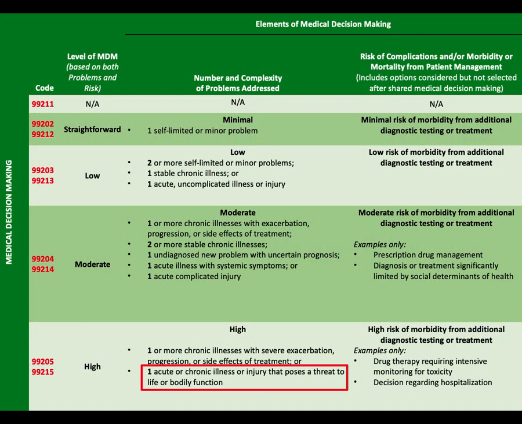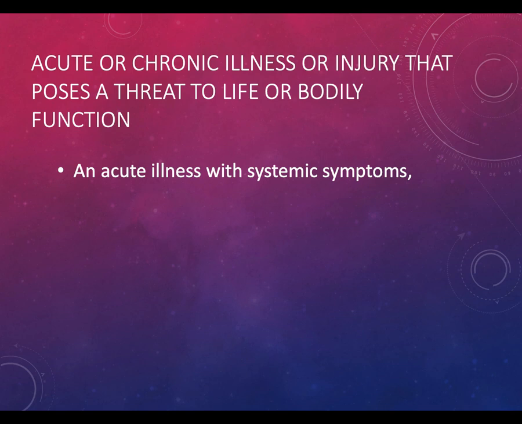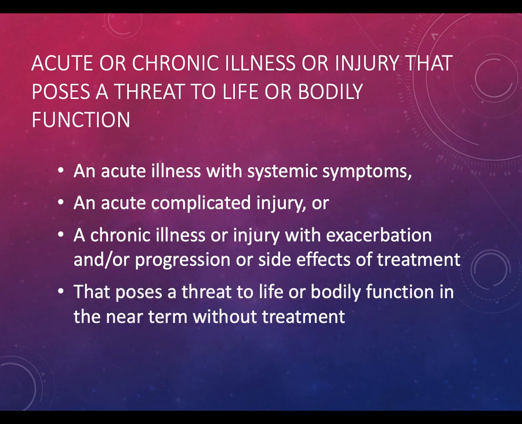Next is acute or chronic illness or injury that poses a threat to life or bodily function. An acute or chronic illness or injury that poses a threat to life or bodily function is any of the lower level conditions, an acute illness with systemic symptoms, or an acute complicated injury, or a chronic illness or injury with exacerbation and/or progression or side effects of treatment, that poses a threat to life or bodily function in the near term without treatment.